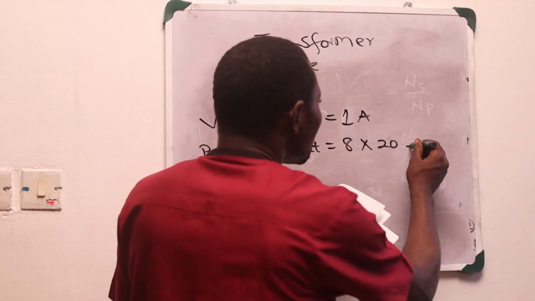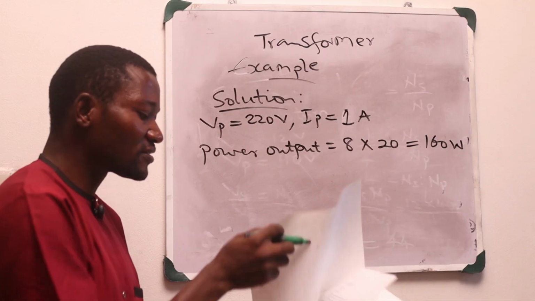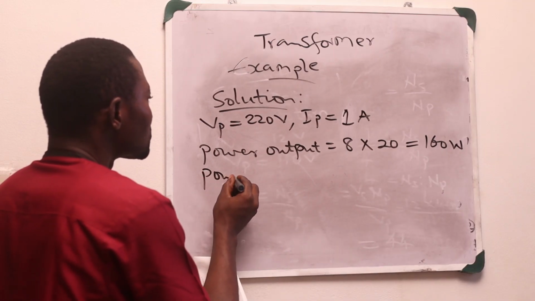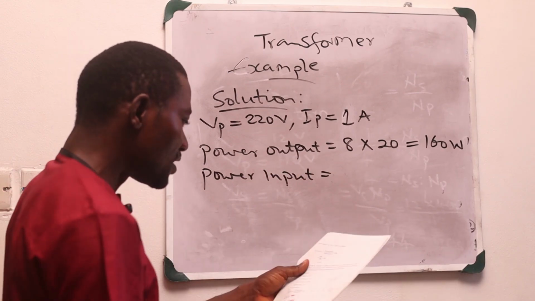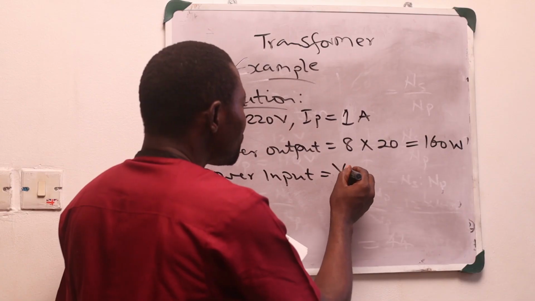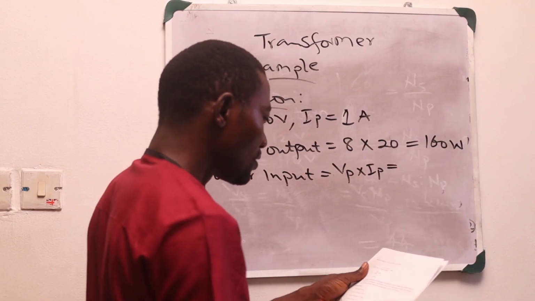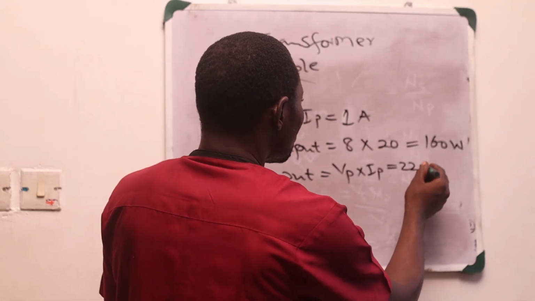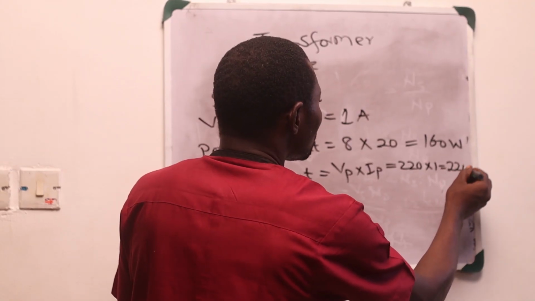So from here we have that the power output is 160 watts. Then let's look at power input. The power input is equal to Vp times Ip. So we have 220 times 1, which is equal to 220 watts.